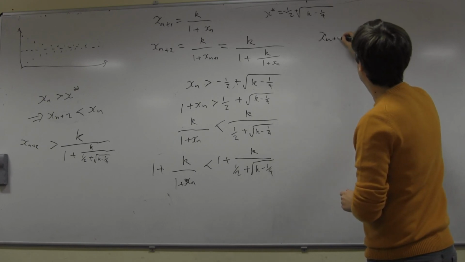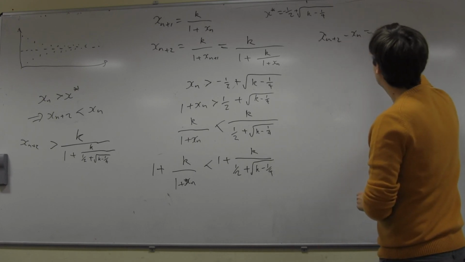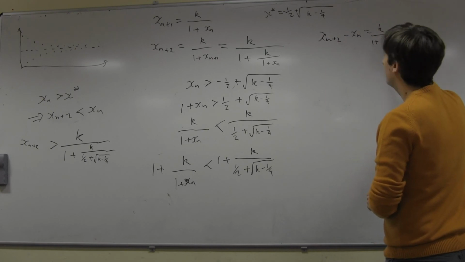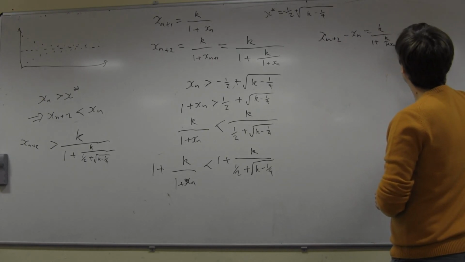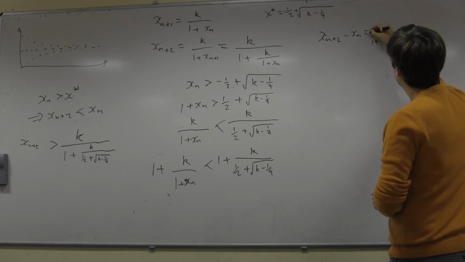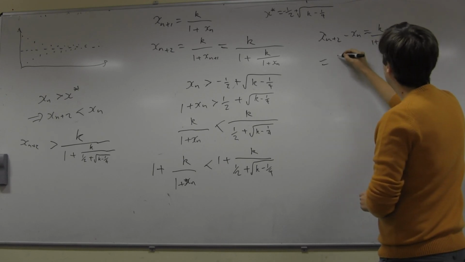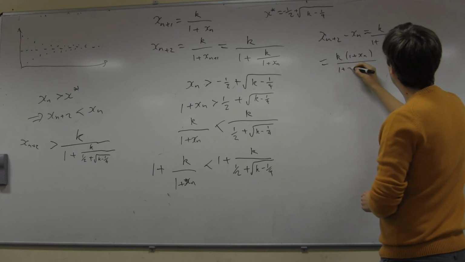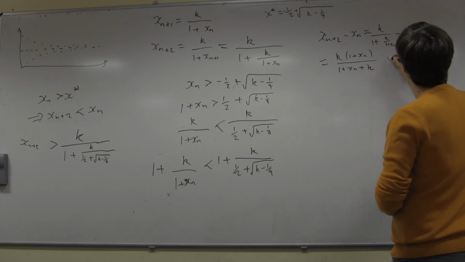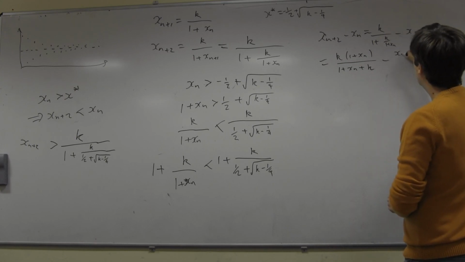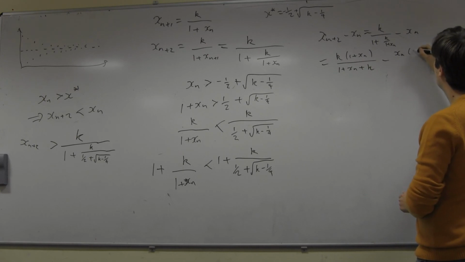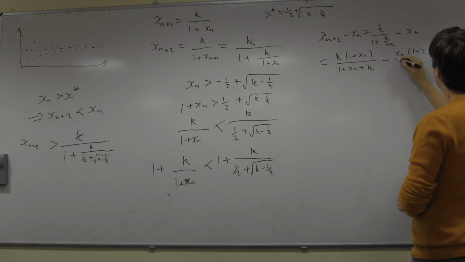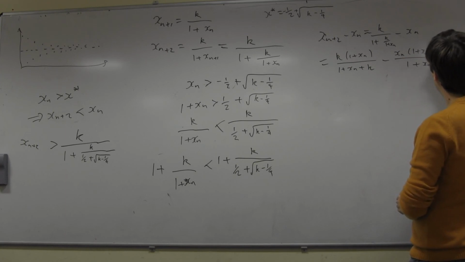So xn plus 2 minus xn, well that's k over 1 plus k over 1 plus xn, minus xn, which is k times 1 plus xn divided by 1 plus xn plus k, minus xn times 1 plus xn plus k, divided by 1 plus xn plus k.